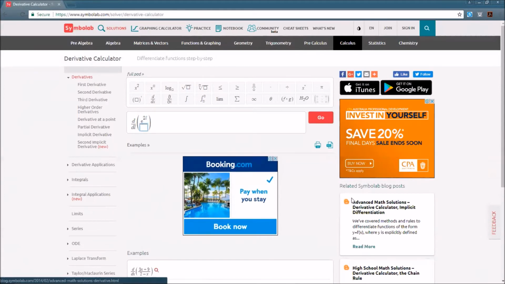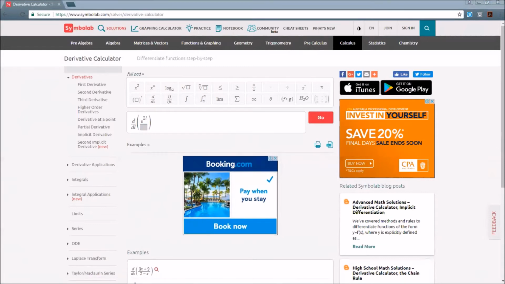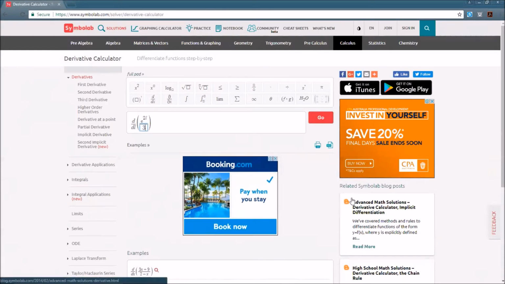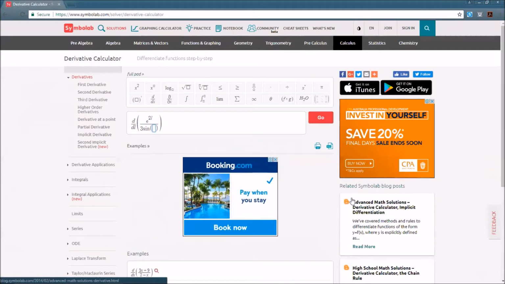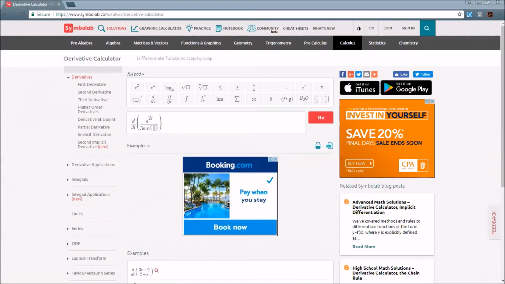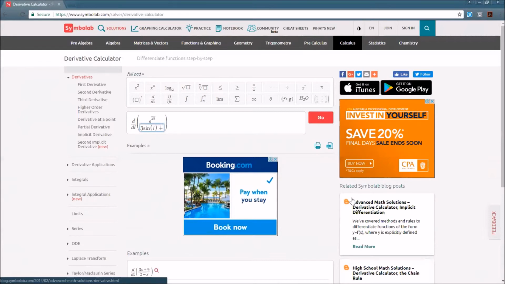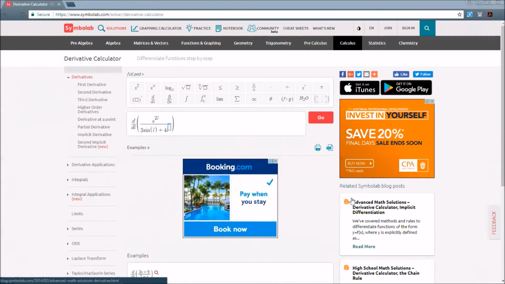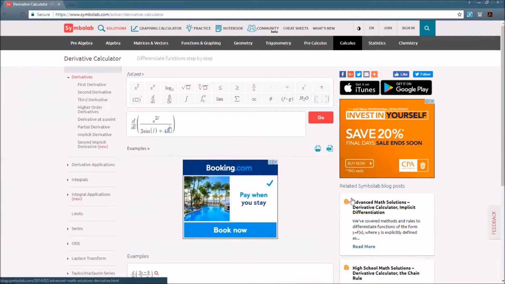Let me move my mouse. 2l, 3 sine l plus 4l to the power of 5.